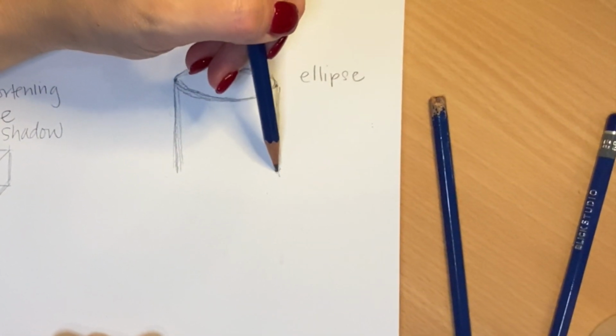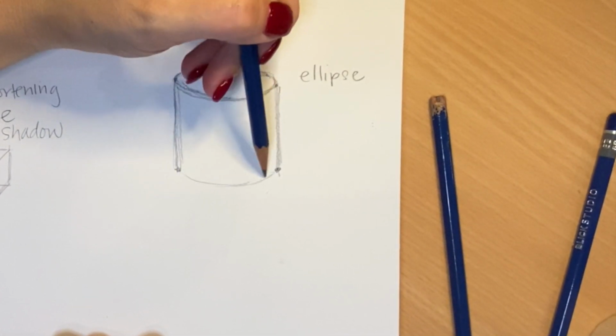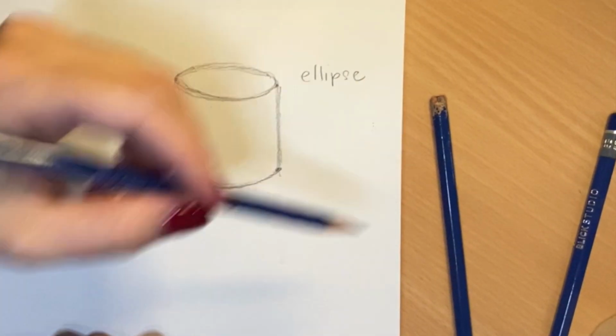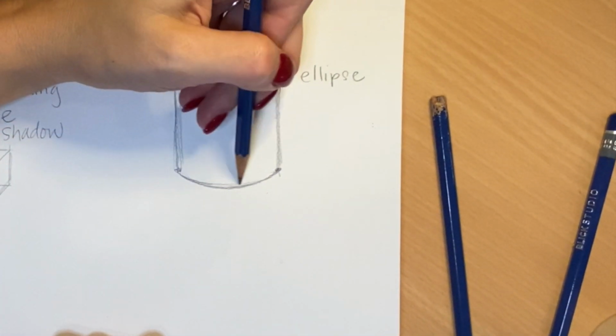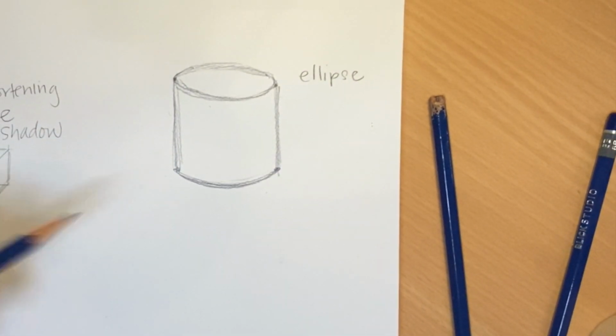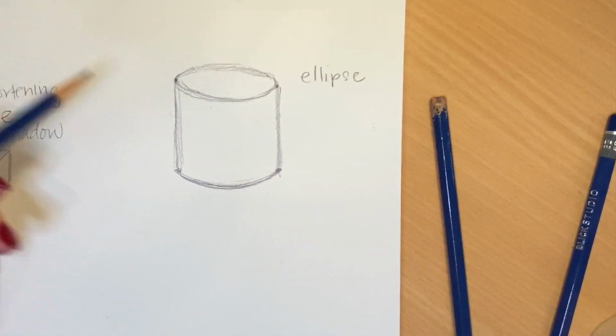So we're going to have these 2 points here and then curve this line down here. Okay, so we've got that repetition.